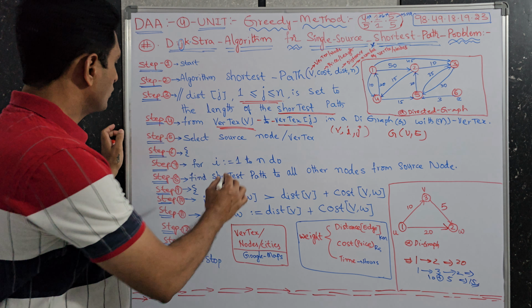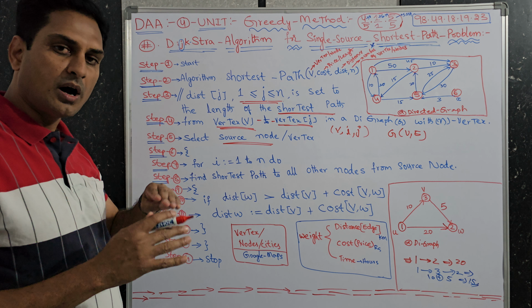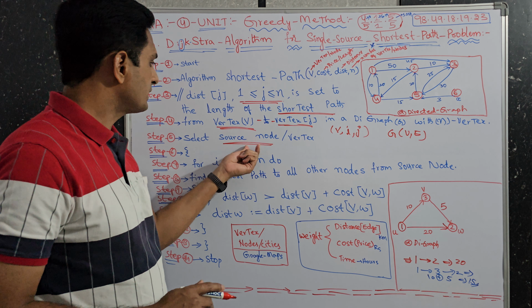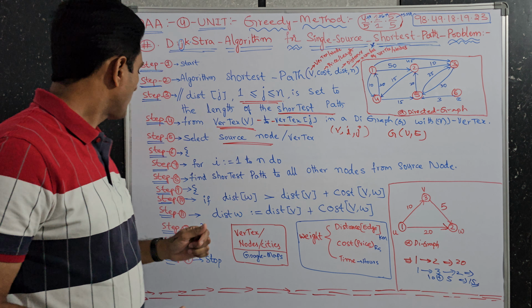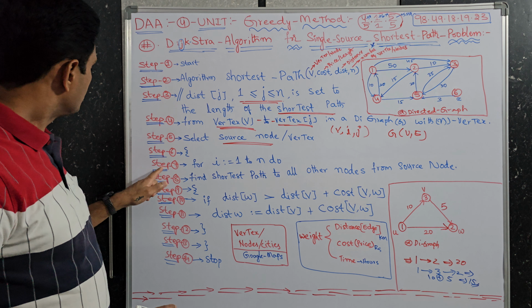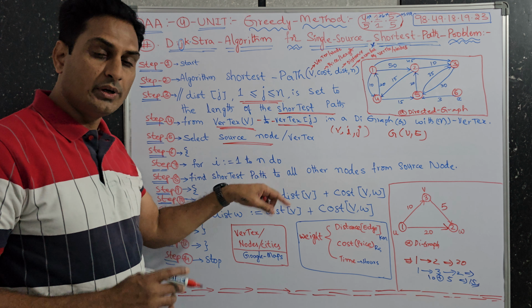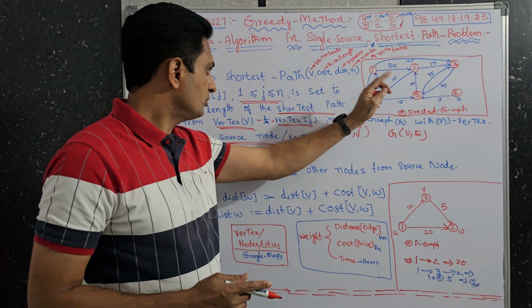Select the shortest node. We need to find the shortest distance from a single source. Then curly braces will start in step 6. Step 7, for i equal to 1 to n. We need to repeat from 1 to n.